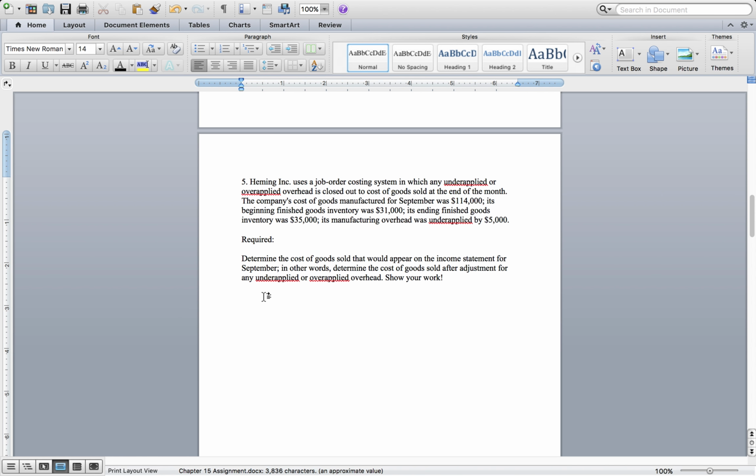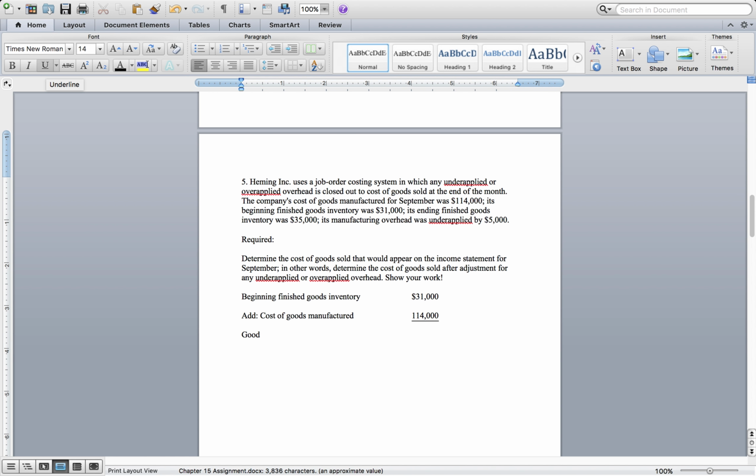So to determine the cost of goods sold here, you want to use the indirect method. So we want to start with the beginning finished goods inventory, which is $31,000. Then you want to add the cost of goods manufactured, which is $114,000.